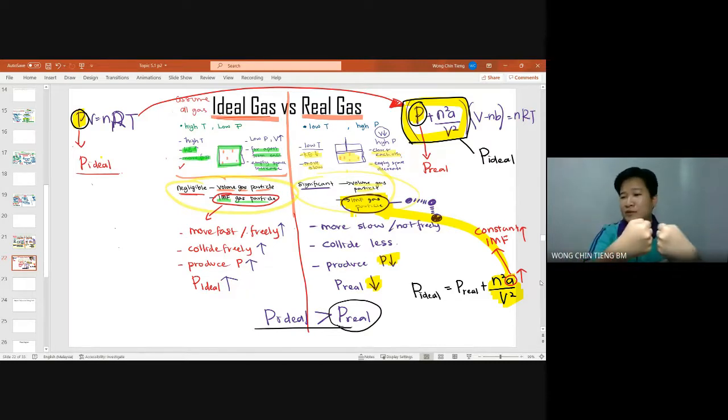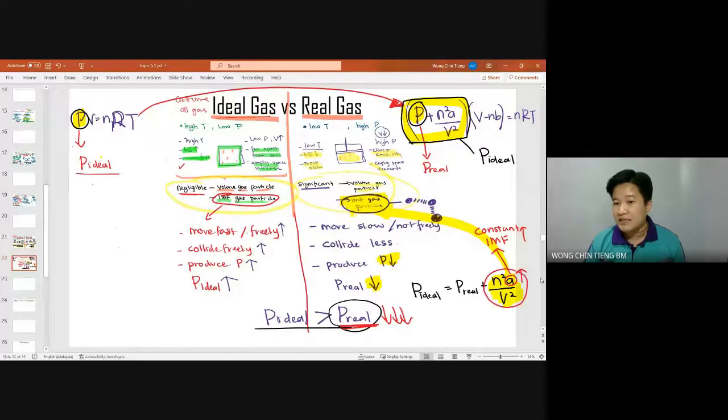So, bila dia bergerak lagi susah, berlanggar lagi kurang, tekanan jadi lagi rendah. Betul? P real jadi jauh lagi rendah. Tetapi, correction kena jadi lagi tinggi. Nampak? Sebab daya tarikan saya lagi kuat. Nampak? So, the entire pressure correction over here is based on one thing.